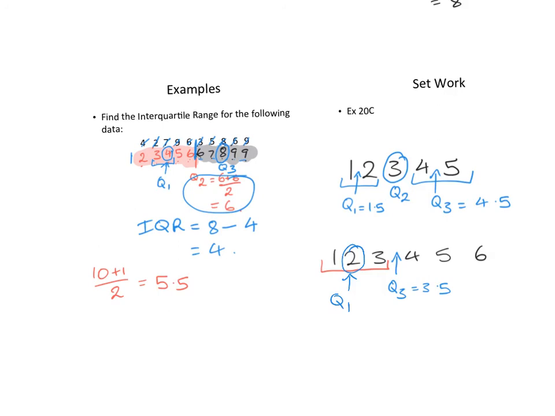And the upper quartile is the median of these, 4, 5, 6, which happens to be, oops, I just realized I made another mistake. That was supposed to be a 2, apologies. So Q3 is 5. Hopefully that makes sense.